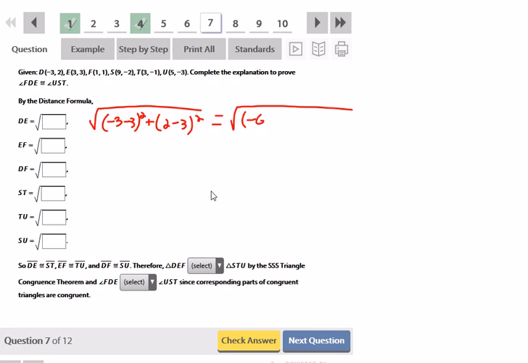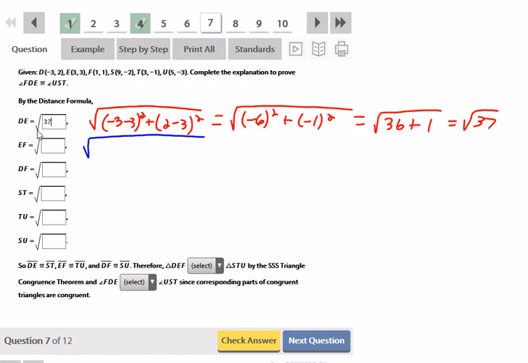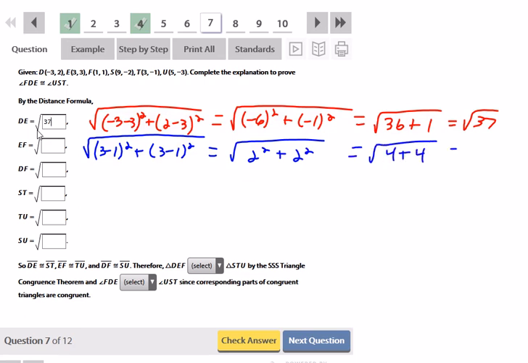So that's negative 6 squared plus negative 1 squared, which is going to be square root of 36 plus 1, which is the square root of 37. EF is going to be, if you subtract the x's, 3 minus 1 squared plus 3 minus 1 squared, which equals 2 squared plus 2 squared, which equals 4 plus 4, which equals square root of 8.